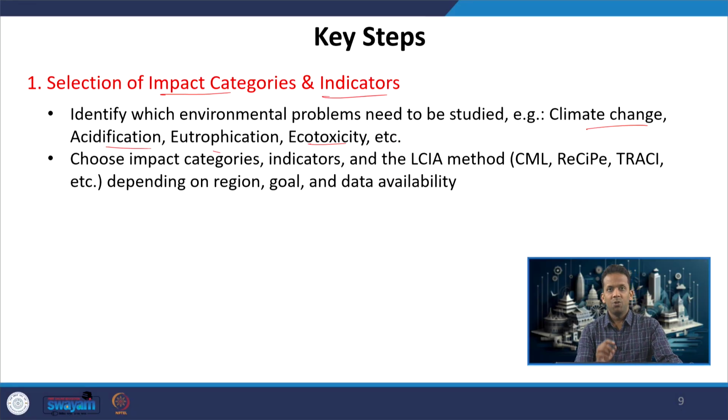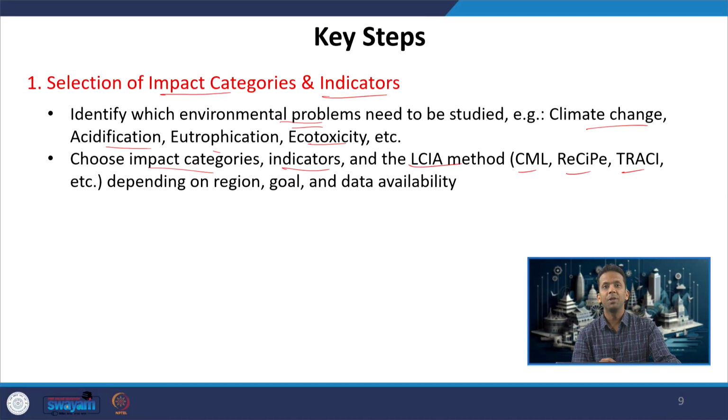So, first you identify which environmental problems are of importance to us depending on the system, and based on that you choose the impact categories, the indicators, and the LCIA method, the life cycle impact assessment method, whether we are going to use the Excel sheet provided by CML, or the ReCiPe method which has like 16 to 18 midpoint indicators and 3-4 endpoint indicators, or TRACI or some other method.